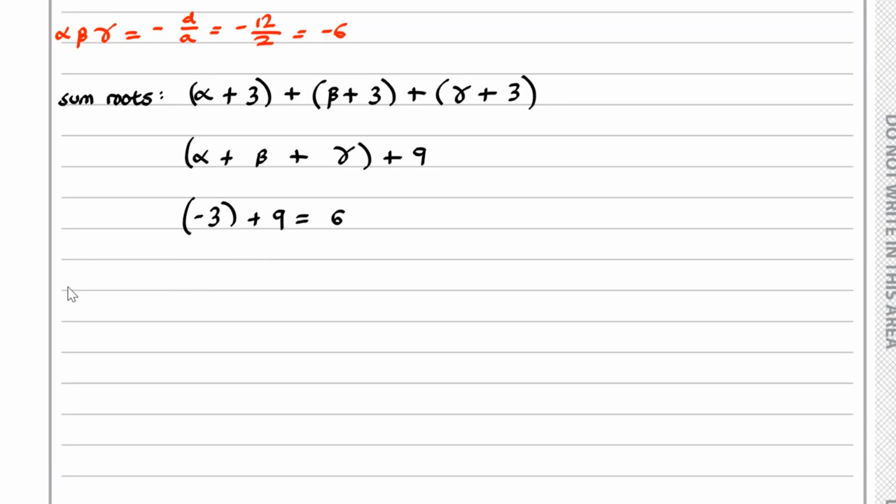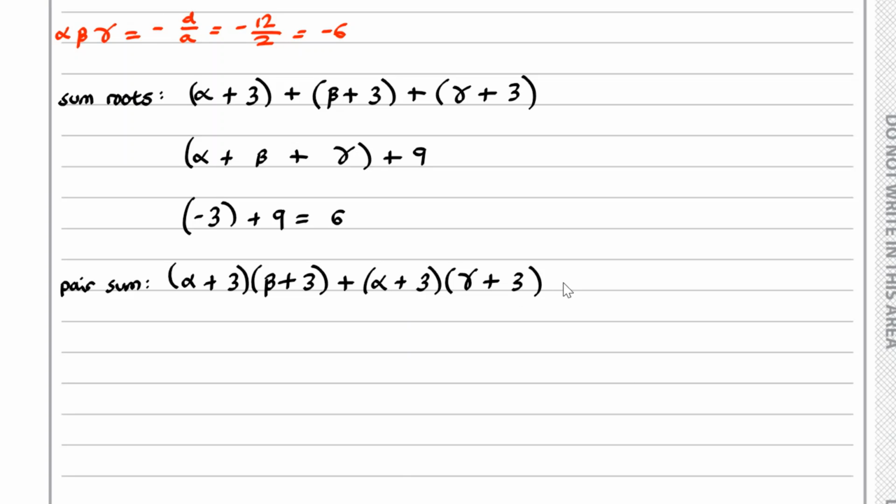We can now find out what the pair sum is. For the pair sum, we have alpha plus 3 lots of beta plus 3, and then alpha plus 3 lots of gamma plus 3, plus beta plus 3 lots of gamma plus 3. Now we can expand and simplify all this. For the first two brackets, we have alpha beta plus 3 alpha plus 3 beta plus 9.